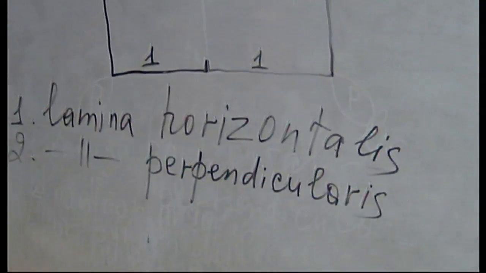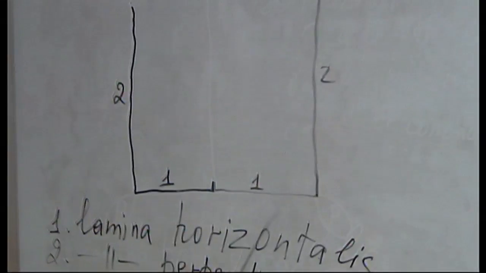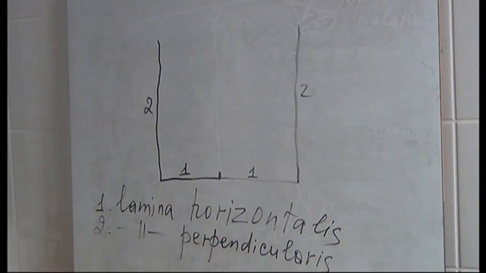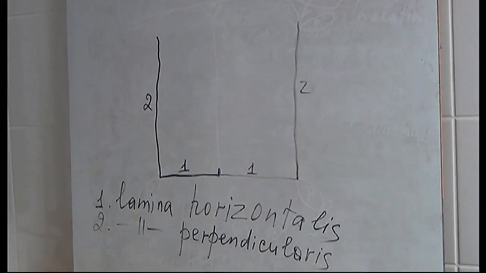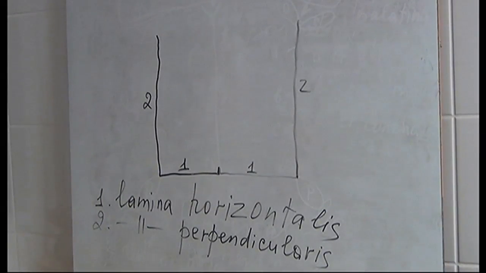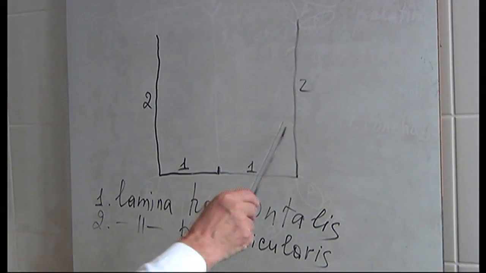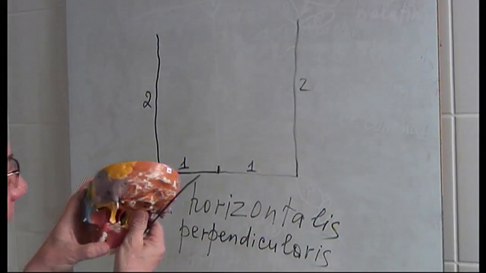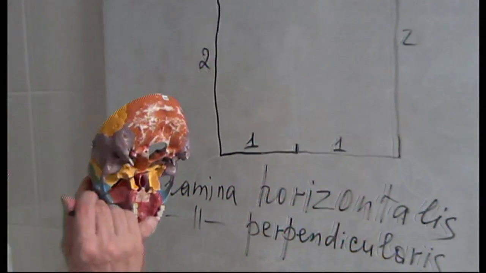So it's clear that lamina horizontalis and lamina perpendicularis connect with each other at a right angle. So here it is.